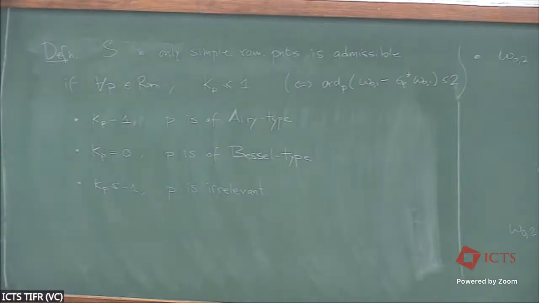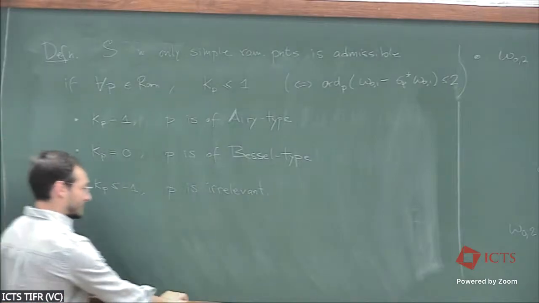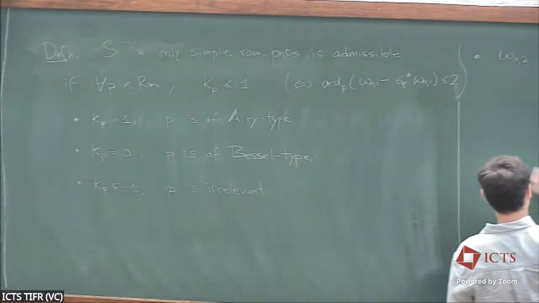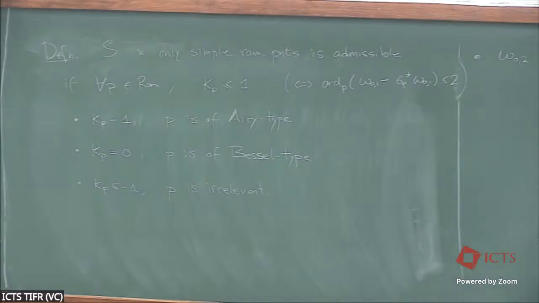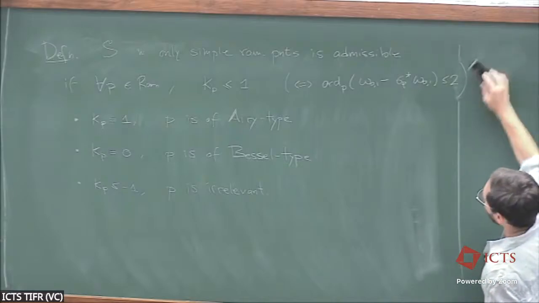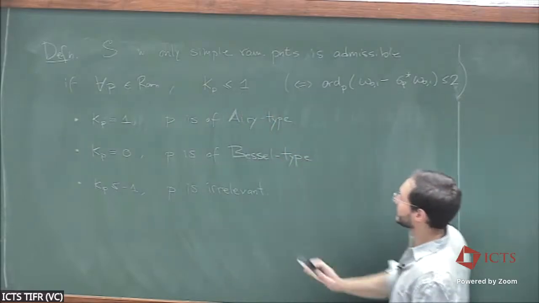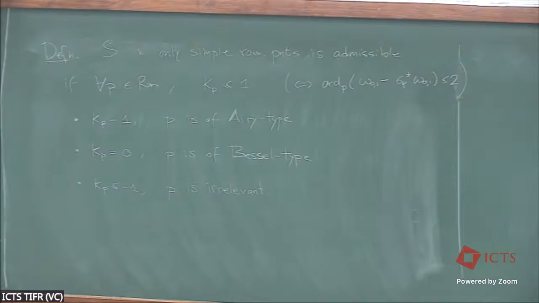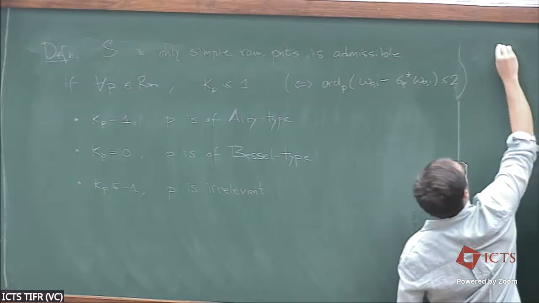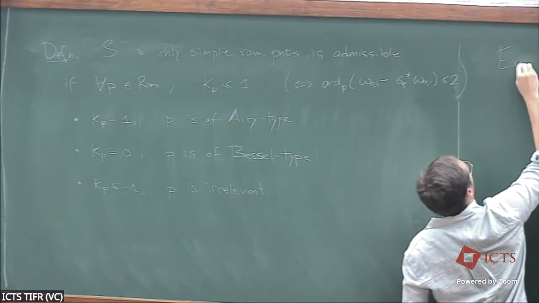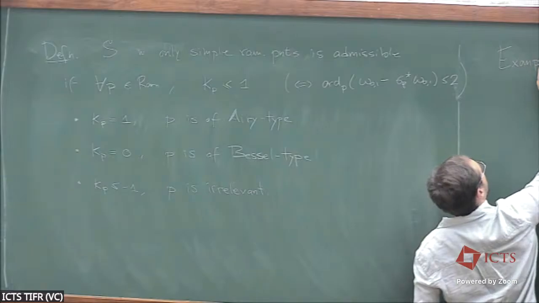Okay. So this is not too important, but somehow the most important condition is that I don't want this expression to have zeros that are of order too high. Okay, so let me give you some more concrete examples now of admissible spectral curves.